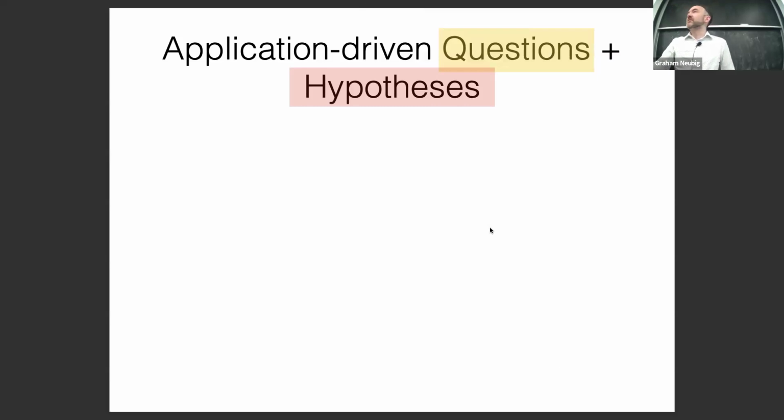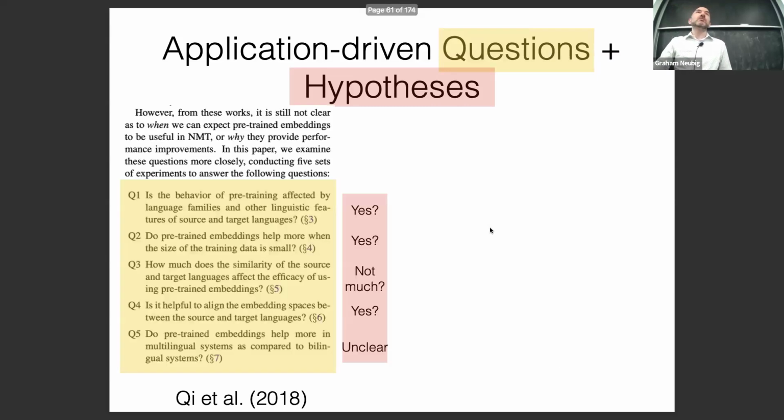Application-driven questions and hypotheses are a little bit harder. Here is an example from a paper that I wrote previously, which was how and why do pre-trained word embeddings help neural machine translation?